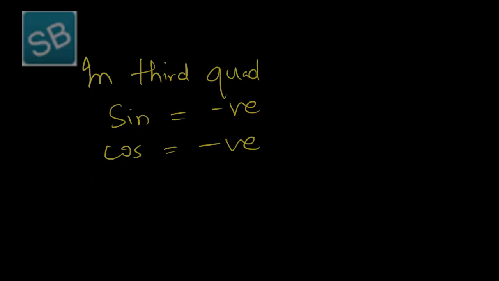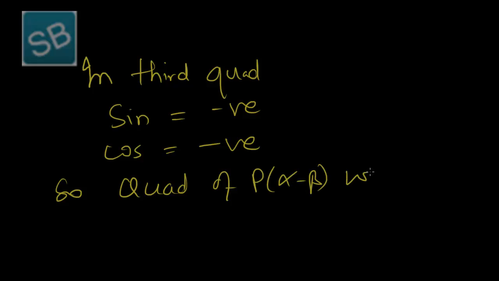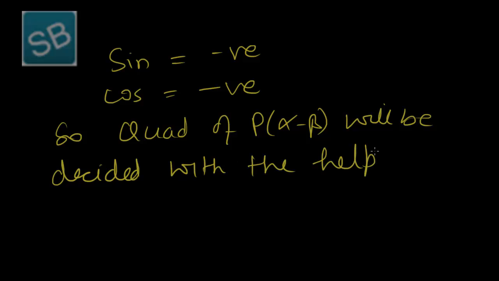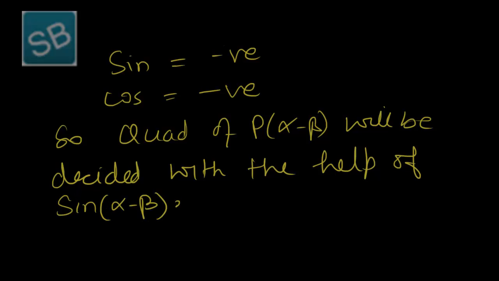So there is variation in the sign of the sine function. So the quadrant of P of alpha minus beta will be decided with the help of sine of alpha minus beta.